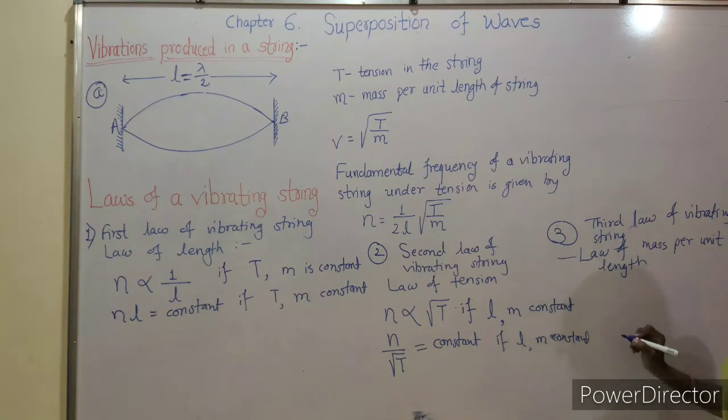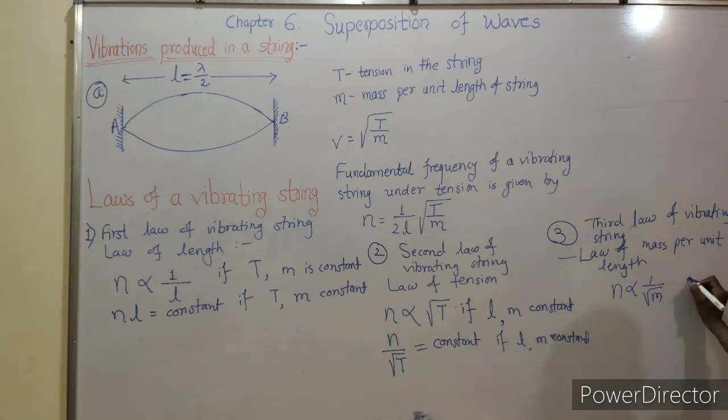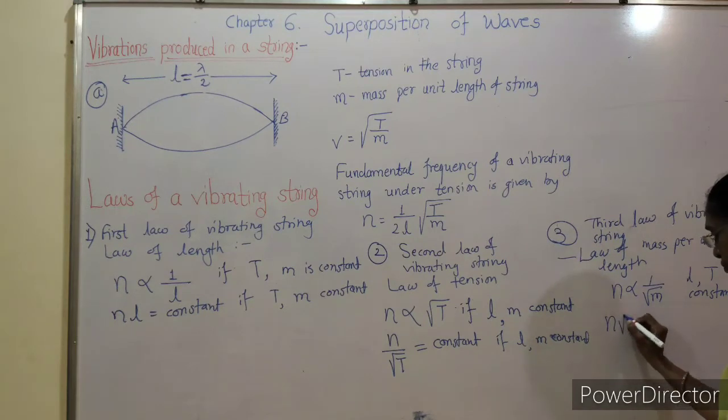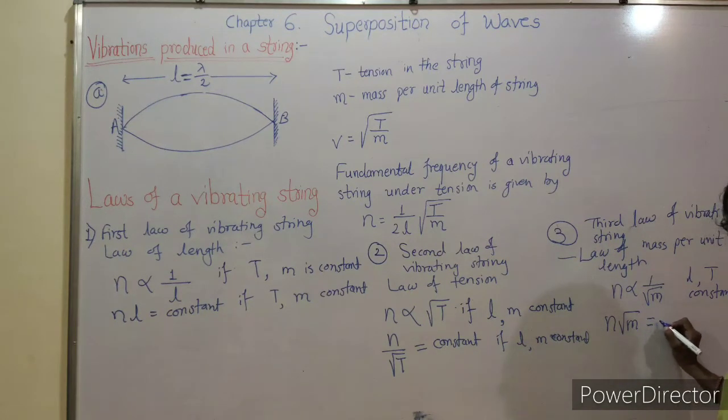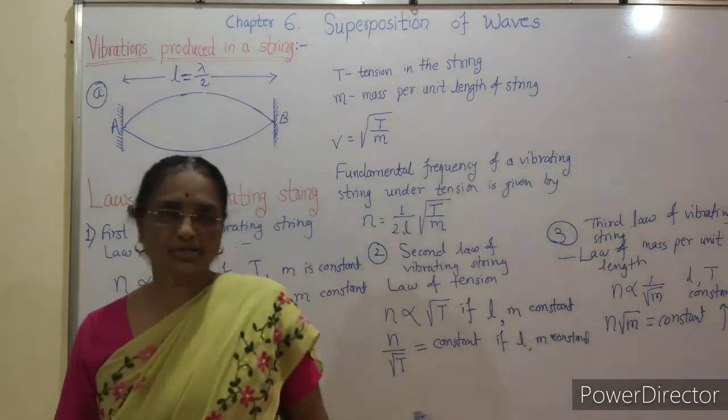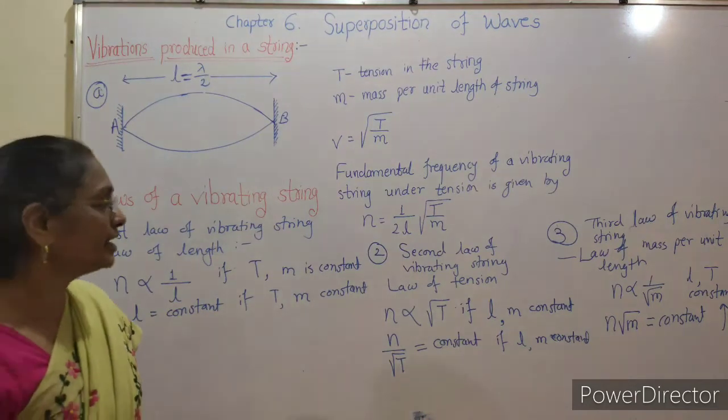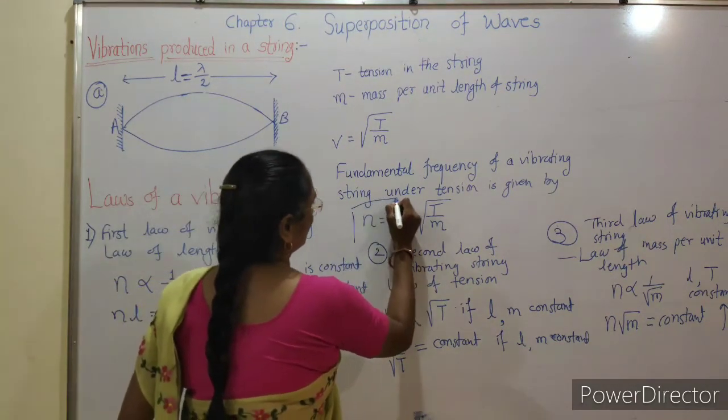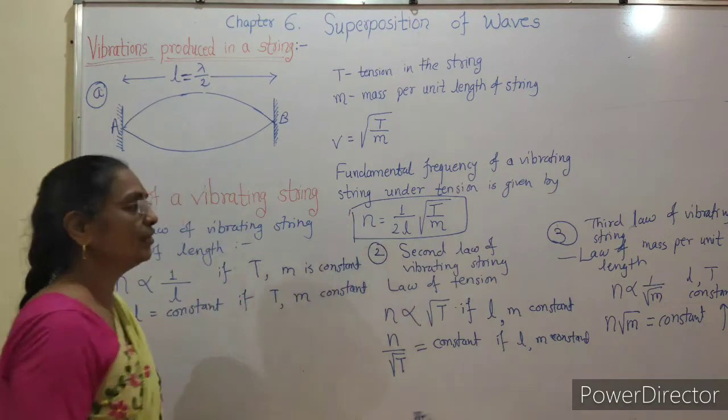You can state it that N is inversely proportional to square root of M, where L and T are constant, or it can be written as N into under root M is equal to constant if L and T are constant. So these are three statements we can write from the fundamental frequency of vibrations.